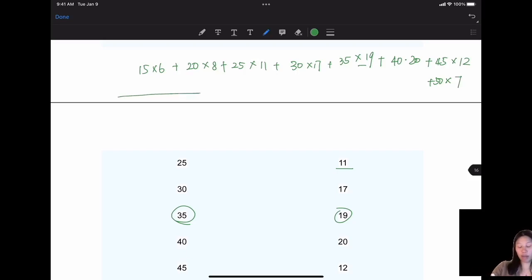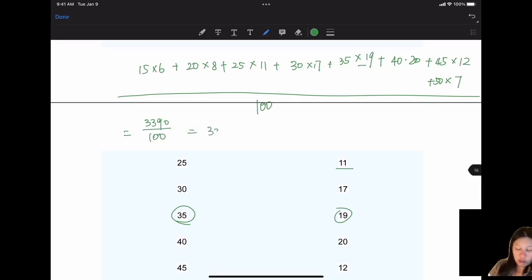And in total, how many households were surveyed? 100. So you divide by 100 households. Use your calculator, and you will end up getting 3,319 divided by 100. So on average, the household income of the sample is $33.19 thousand, which you can write in this way.